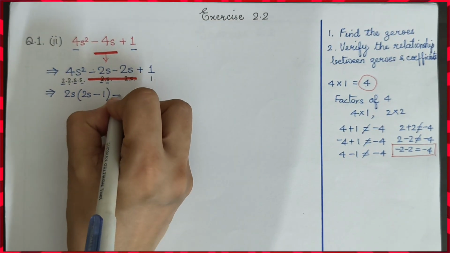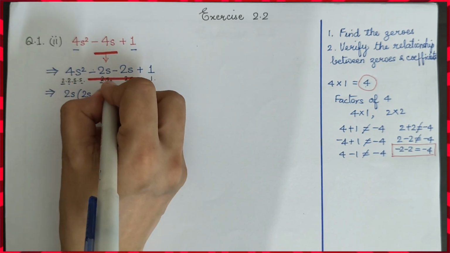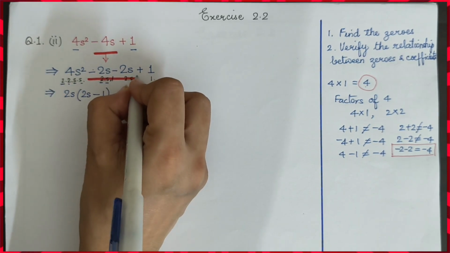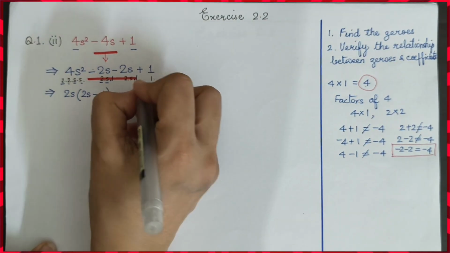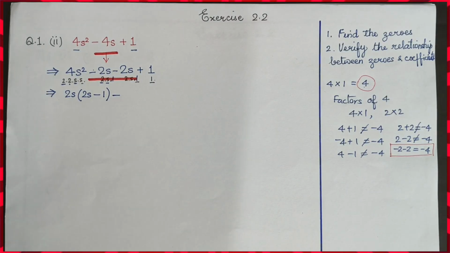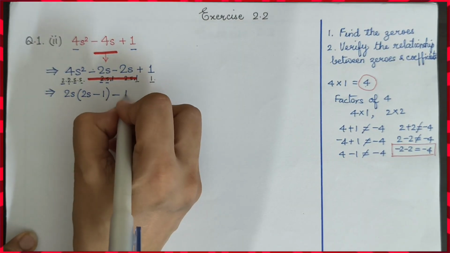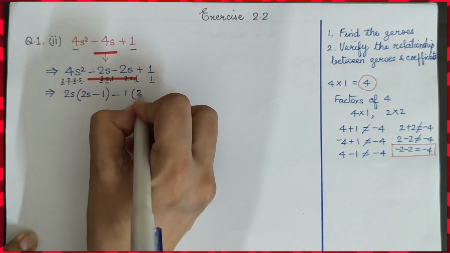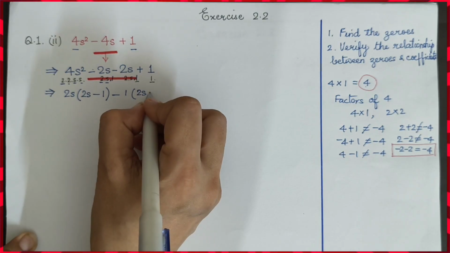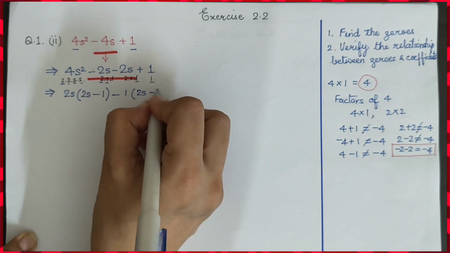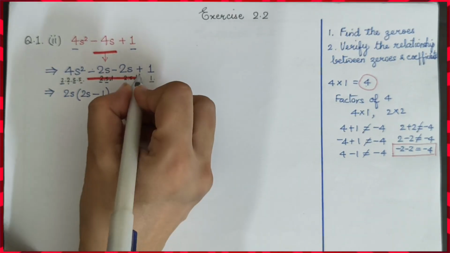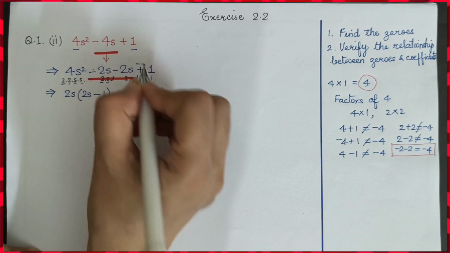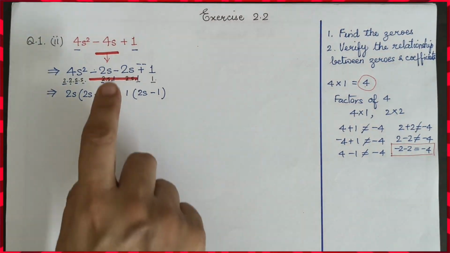So we'll take that 1 as common, and we will write it as 1 into 2s minus 1. Now why do we write minus 1 and not plus 1? Because we've already taken minus outside. Minus is common, so we have to take minus from both the places. So one minus sign has been taken out in the common term, so one minus sign is left.